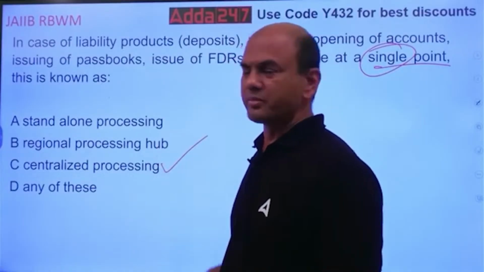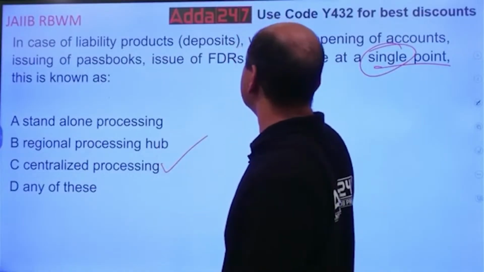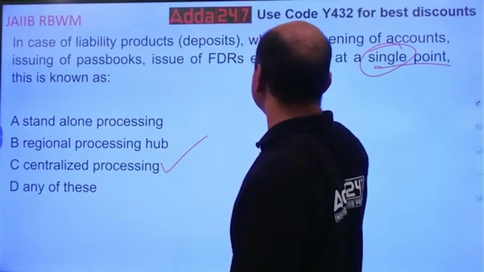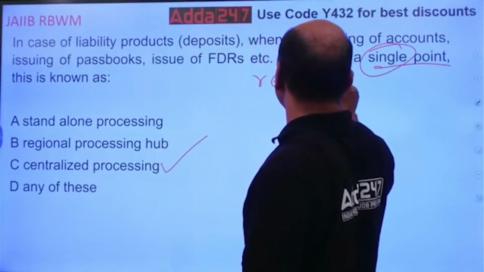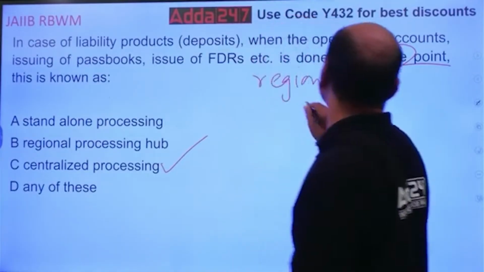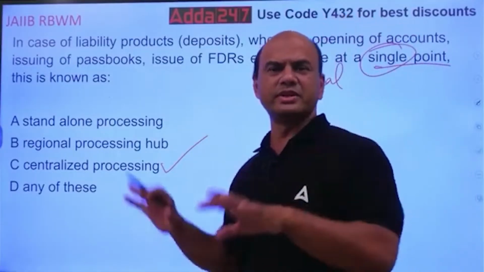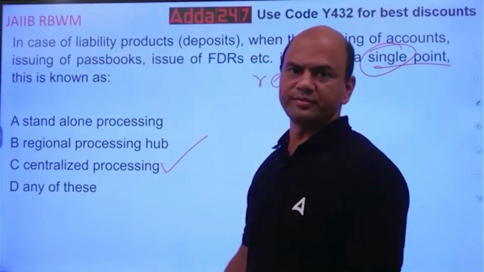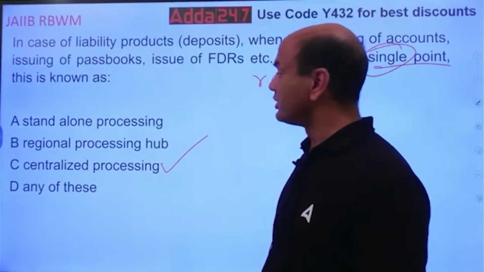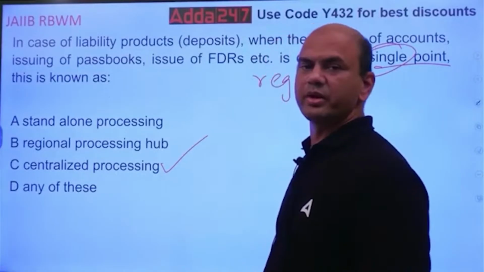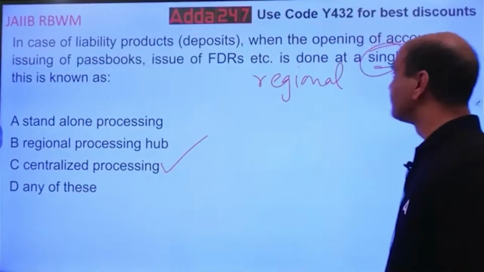If this question would have been, is done at regional points, East, west, north, south, various, then it is regional processing. So here it is given single point. Single point means centralized. Okay.